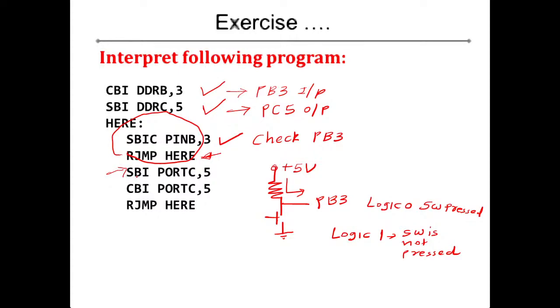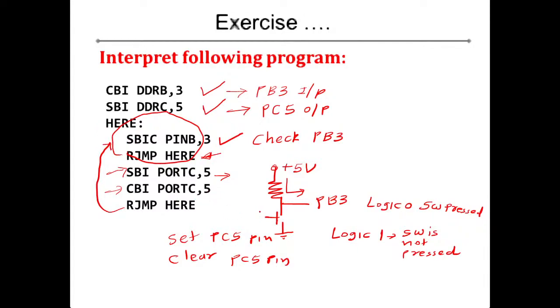The next instruction is SBI PORTC, 4. What will this instruction do? It will set the PC5 pin, and after some time it will clear the PC5 pin, and then it will again check PB3.